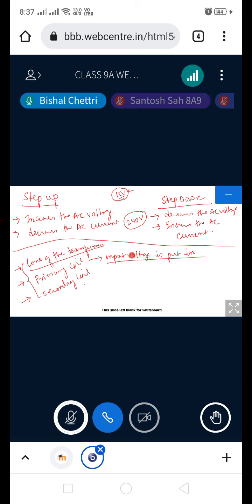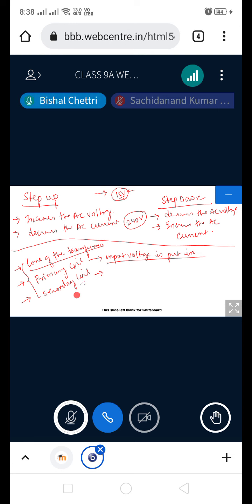So this input voltage over here will be how much? 15 volt. That means the voltage which you want to step up or step down has to be put in which coil? Primary coil. And the voltage after getting either stepped up or stepped down, that you receive will be coming out from which coil? Secondary coil.